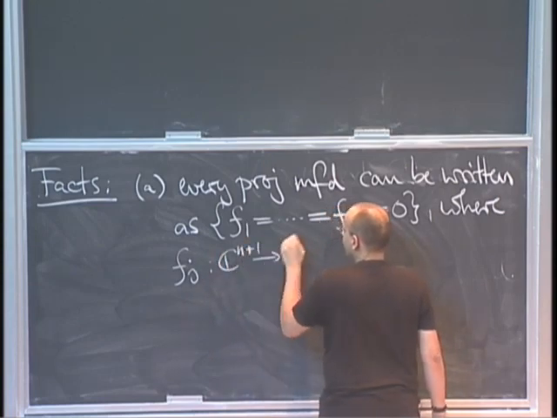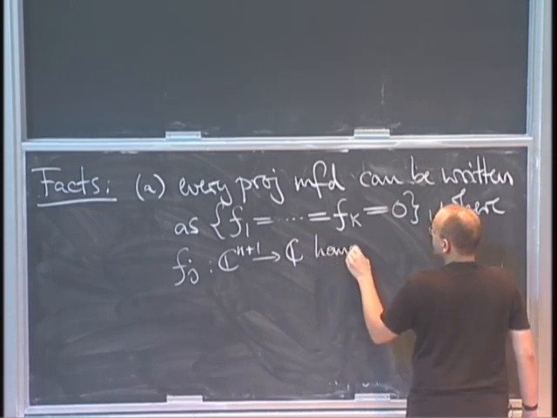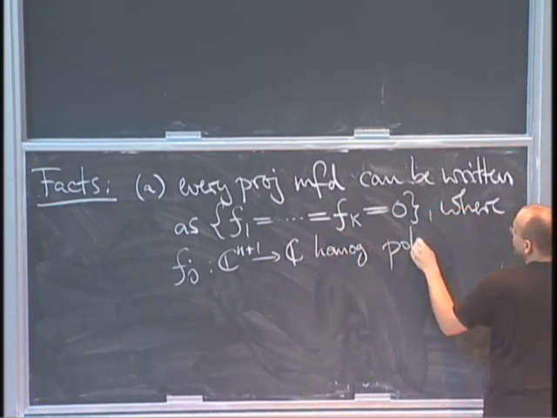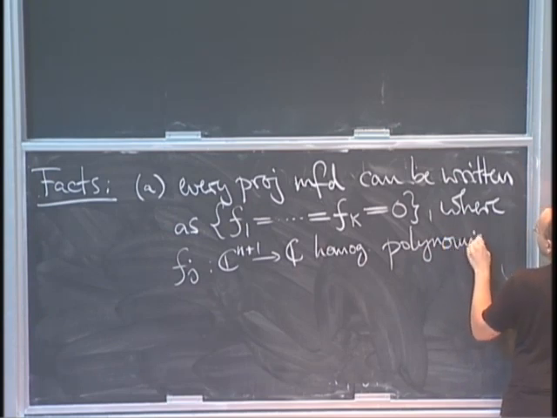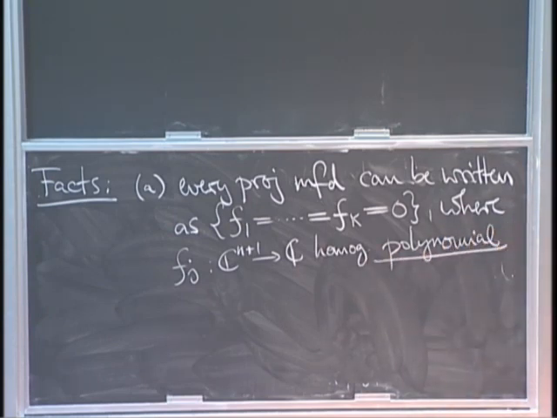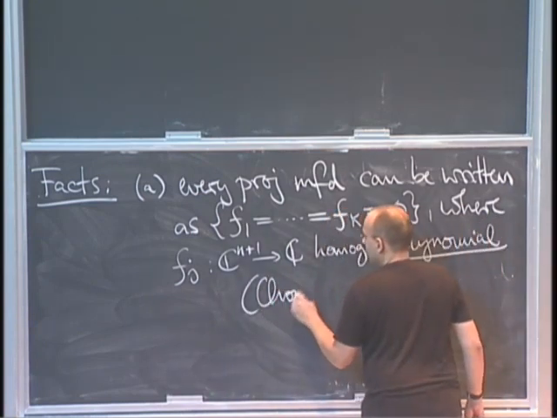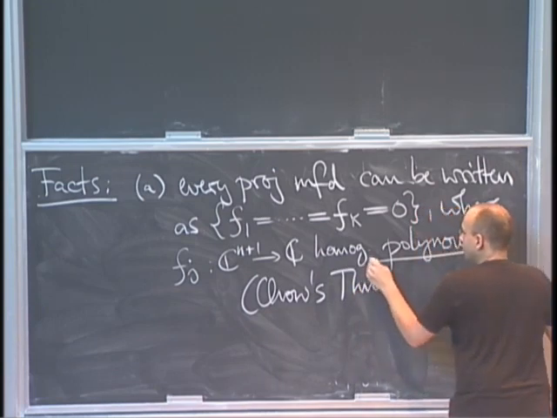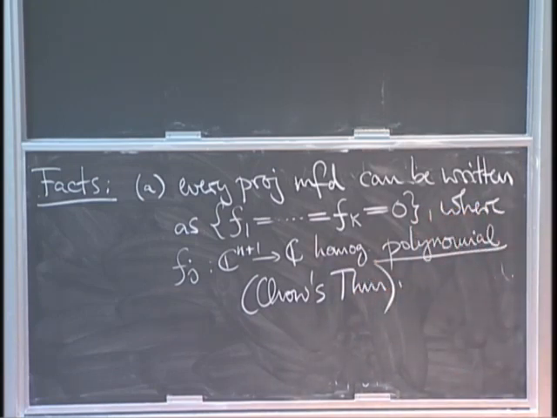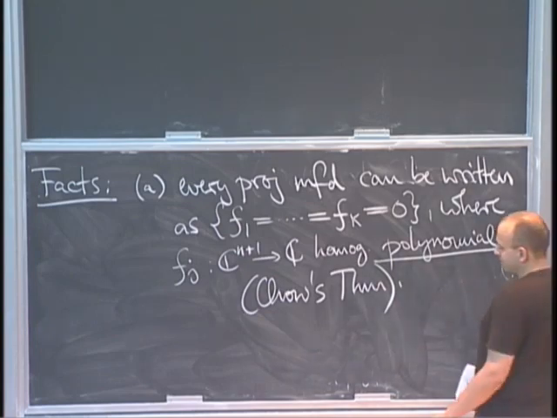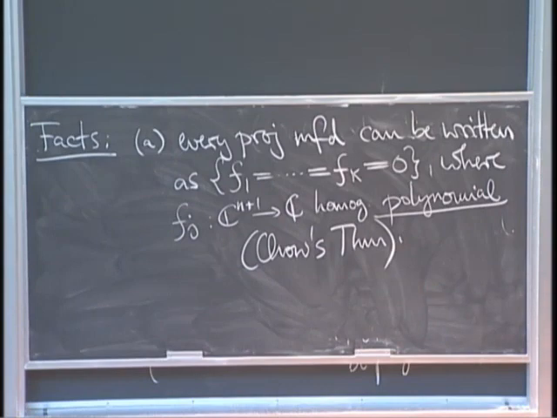Here a homogeneous polynomial is a map from Cn plus 1 to C. This means every complex submanifold of projective space is automatically algebraic. It's given by polynomials and not just by holomorphic functions. That's Chow's theorem. So this distinction between algebraic and transcendental doesn't exist for projective manifolds, the way that it would for holomorphic functions on affine space.